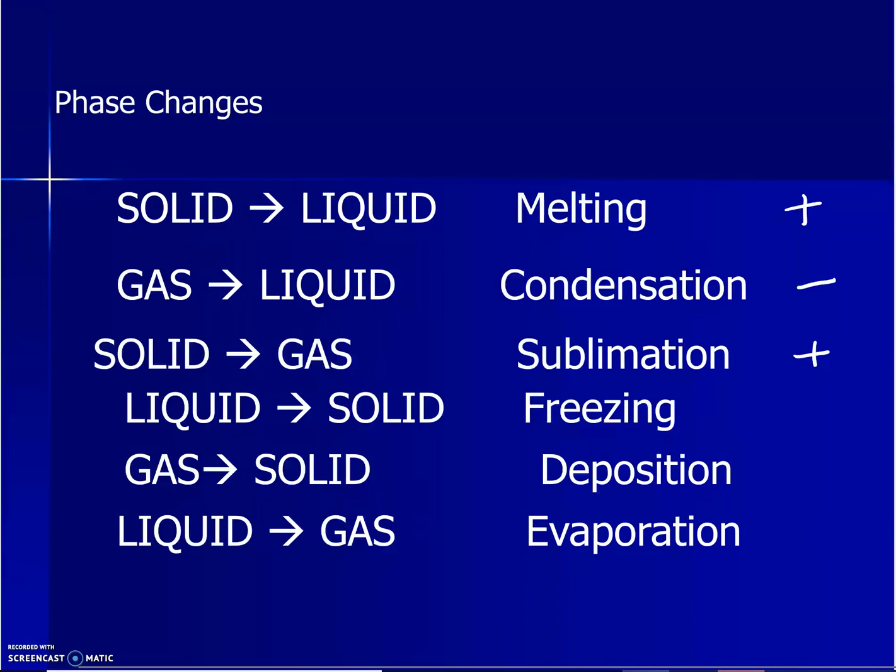Liquid to a solid, you're taking away heat. Heat has to be given off. Gas to a solid, taking away heat once again. And liquid to a gas, evaporation, we have to add heat.